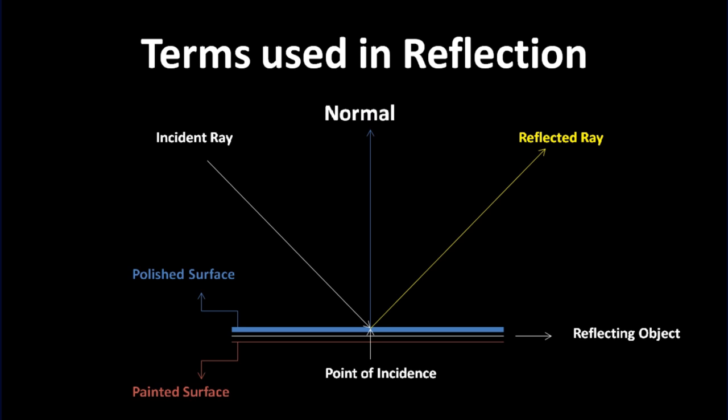This is called the normal. The angle formed between the incident ray and the normal is called the angle of incidence, and the angle formed between the normal and reflected ray is called the angle of reflection.